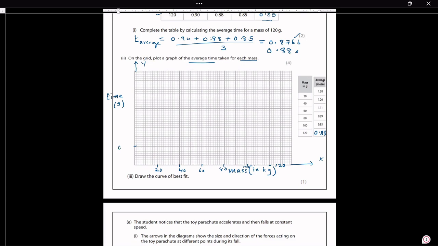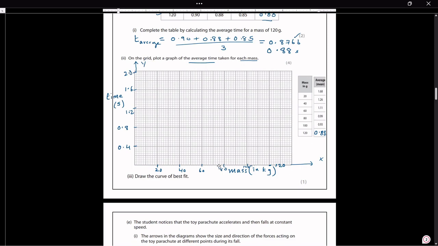Let me see, 0.8, 1.2, 1.6. Okay, we can go in steps of 0.4. This will be 0.8, then this will be 1.2, then the next one is 1.6 and this will be 2.0.